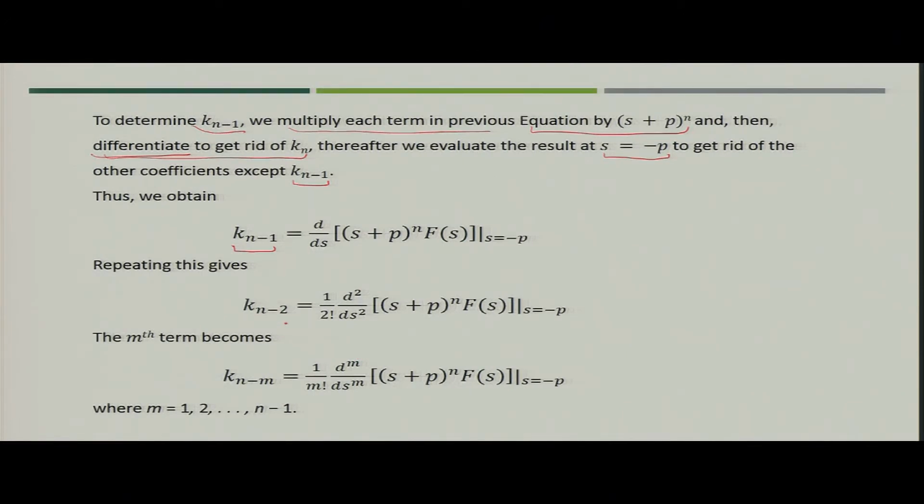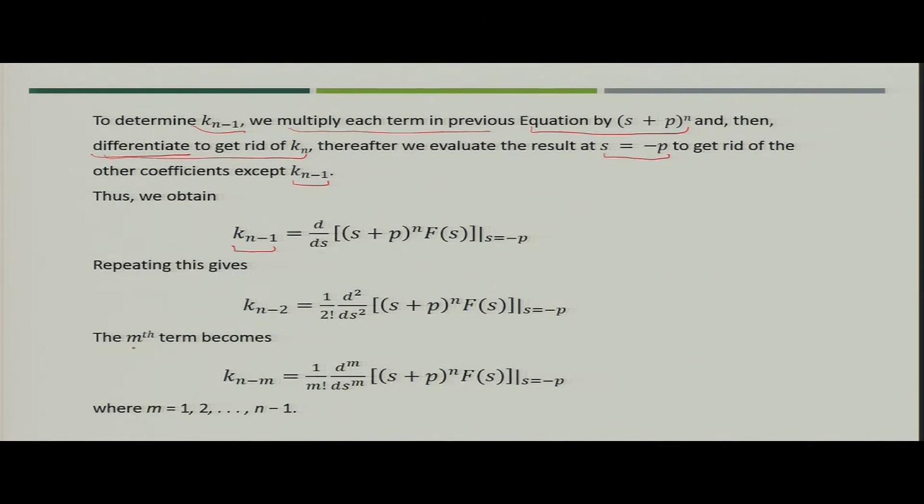Similarly, for the others also you can calculate. For Kn minus 2, it will be 1 upon 2 factorial times the second order derivative d2 by ds2 of (s plus p) to the power n F(s), evaluated at s equal to minus p.